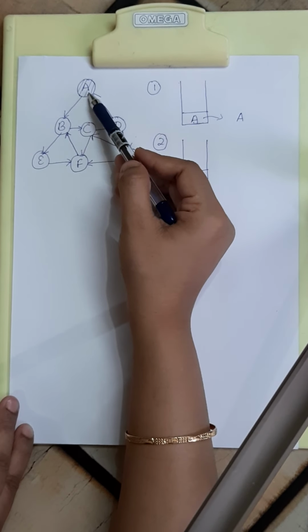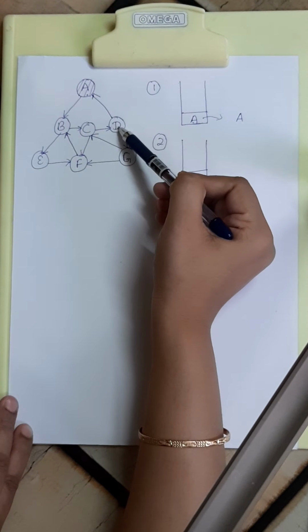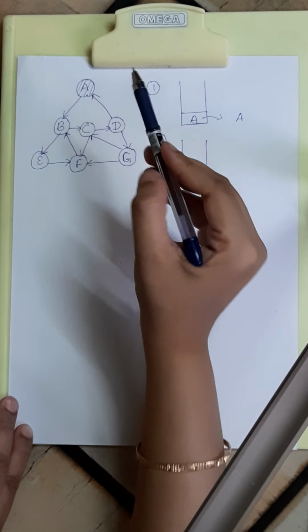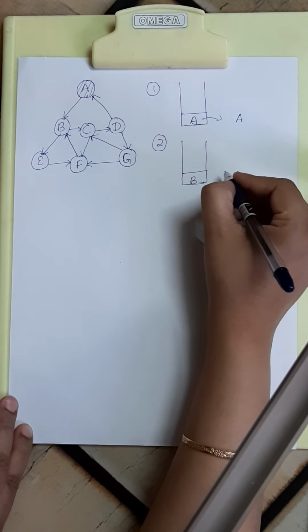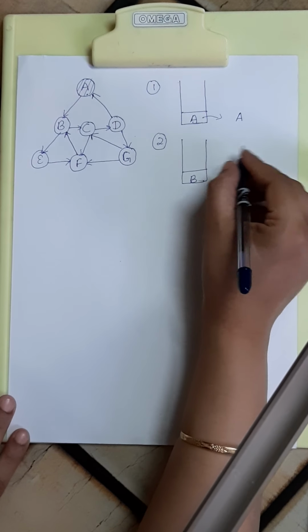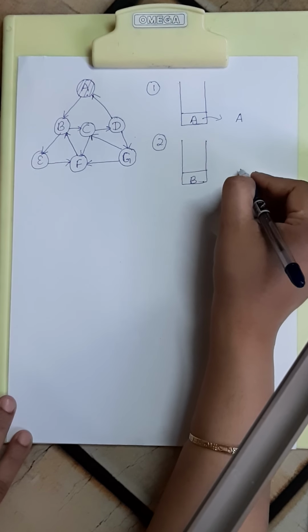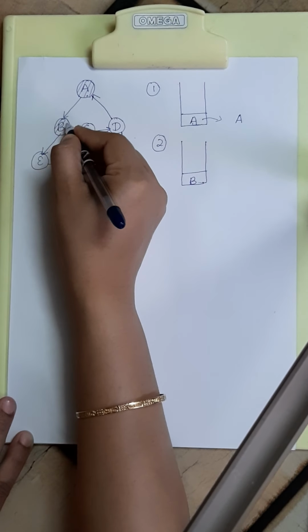From A we can only go to B, we cannot go to D as the direction is from D to A. So the next element will be B. B will be inserted, and in the output array we still have A only. Now we have inserted B, and we'll mark B as visited.